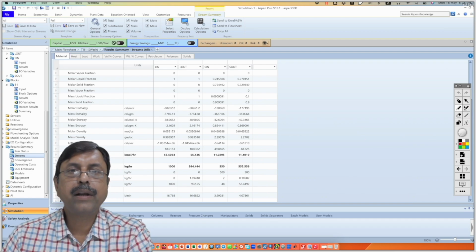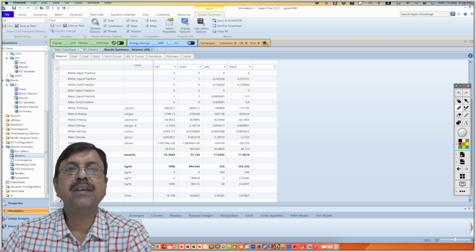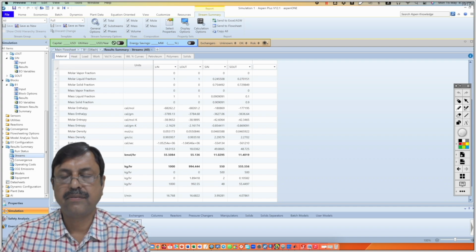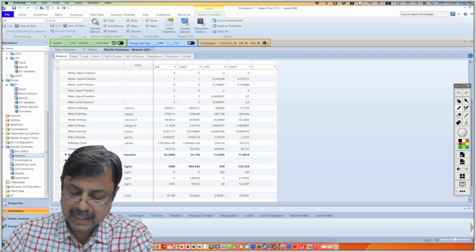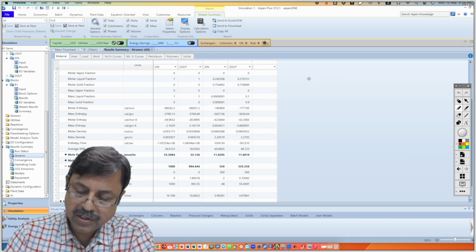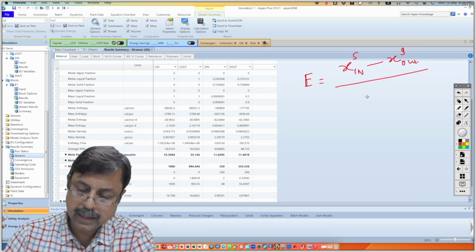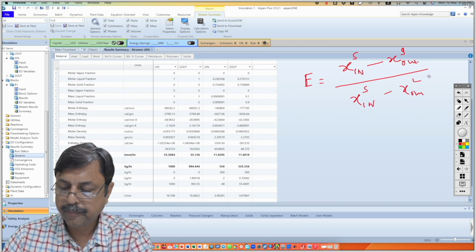Now let us calculate the mixing efficiency and see whether it is 100% efficient. For that, what is our mixing efficiency? If you remember, it is (X in S minus X out S) by (X in S minus X out L).